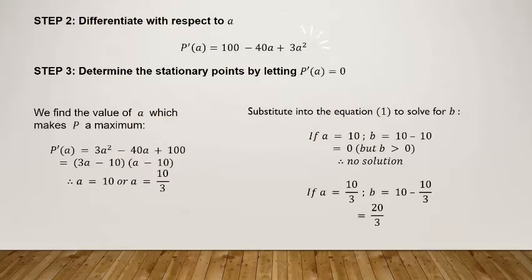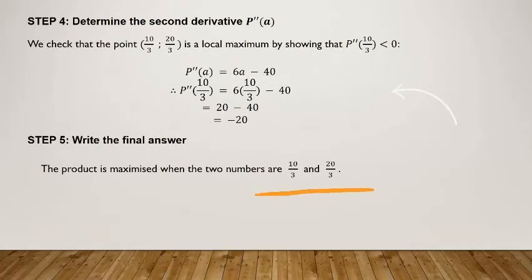We find the value of a which makes p a maximum, and then substitute into equation 1 to solve for b. The fourth step is to determine the second derivative, and then write the final answer. The product is maximized when the two numbers are 10 over 3 and 20 over 3.